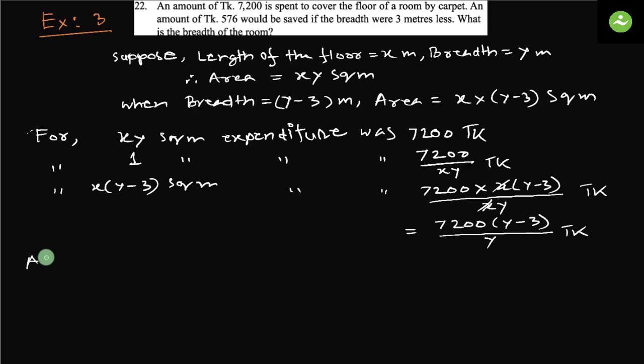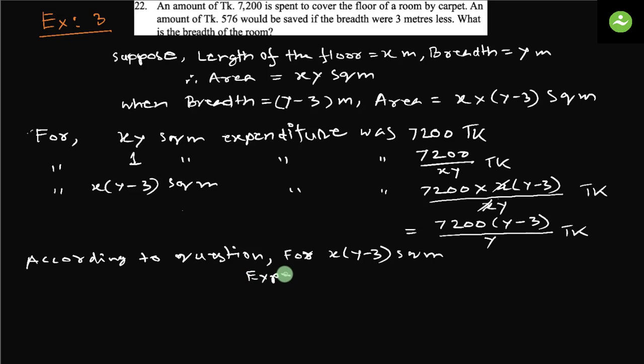According to question, for x into y minus 3 square meter expenditure was 576 taka less.